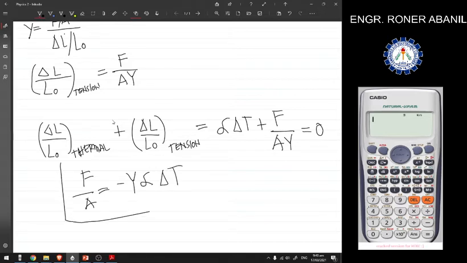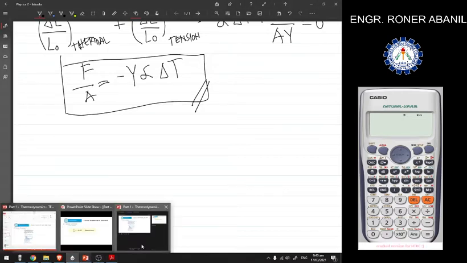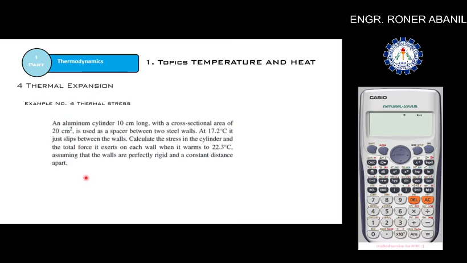So, ito yung magiging thermal stress natin. Okay, thermal stress. So, mas maganda yan kung meron tayong example.